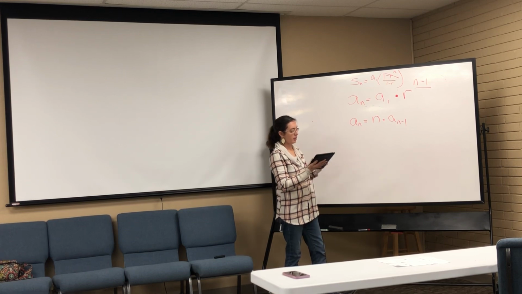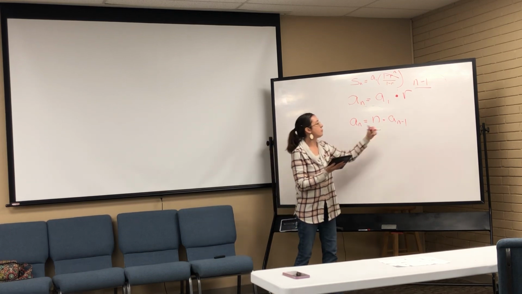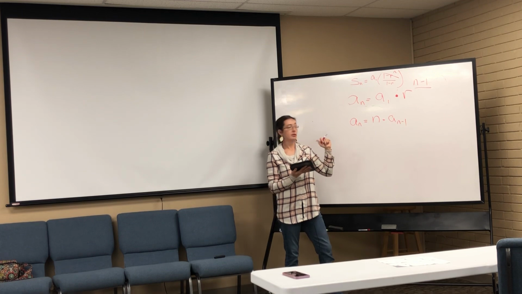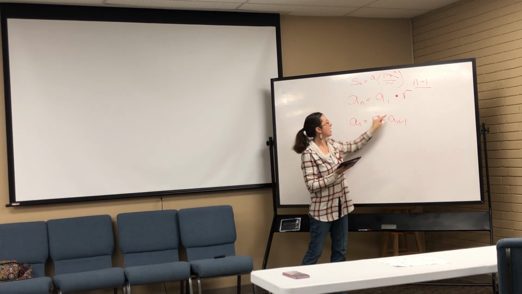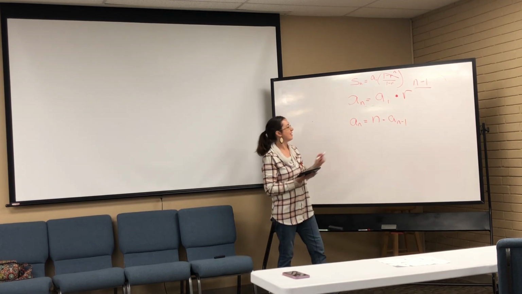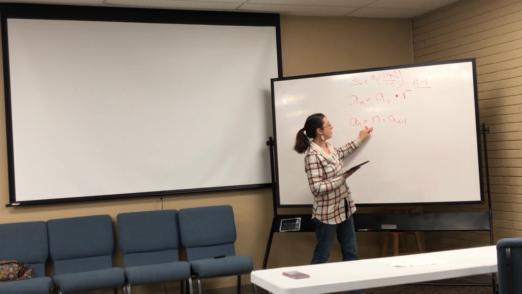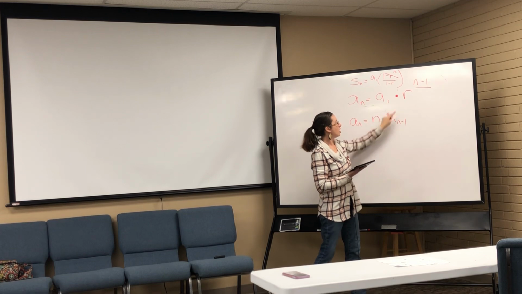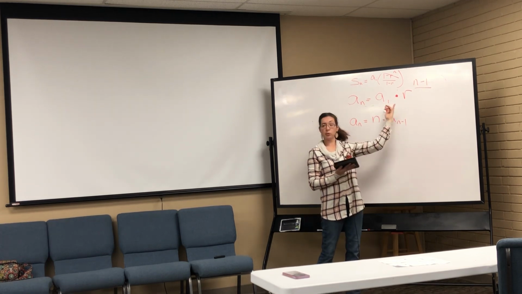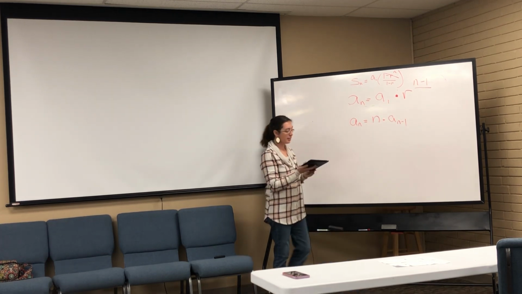This is for a geometric one. And we're multiplying it by the term beforehand, n minus 1. Does it look like it's just the opposite? Instead of your a value, you now have your n value, and instead of your r value, you now have your a value. All we've done is switch them. That's basically all you're doing.